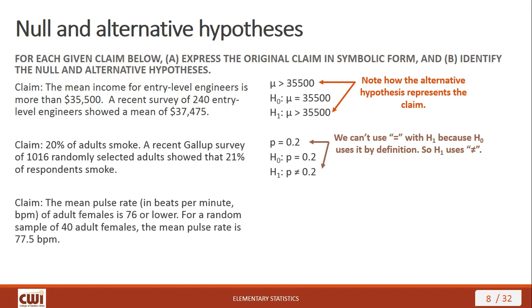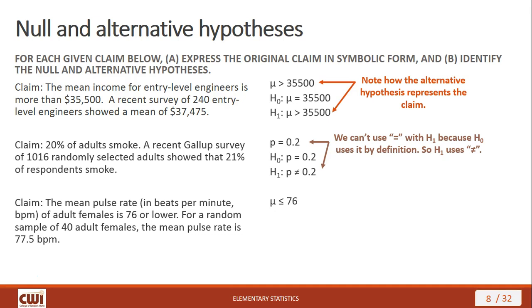Let's look at one more claim. The mean pulse rate in beats per minute of adult females is 76 or lower. For a random sample of 40 adult females, the mean pulse rate is 77.5 beats per minute. So, the original claim in symbolic form is going to be that mu is less than or equal to 76.